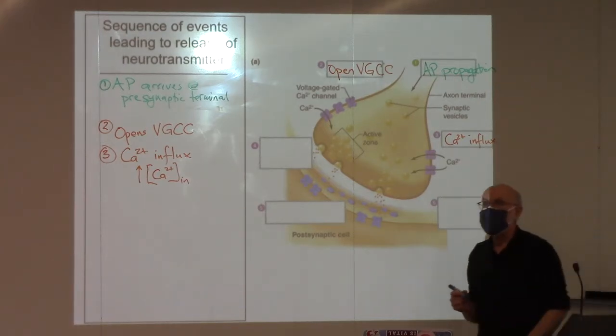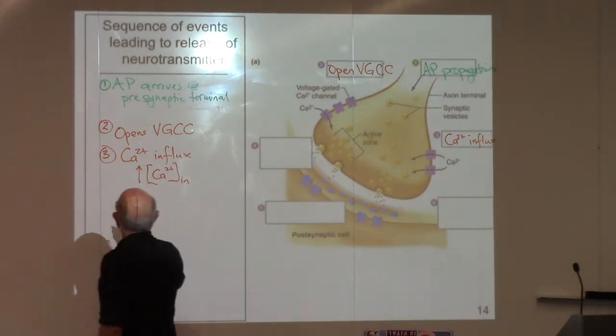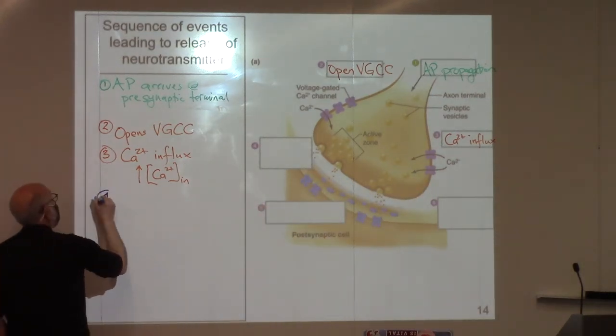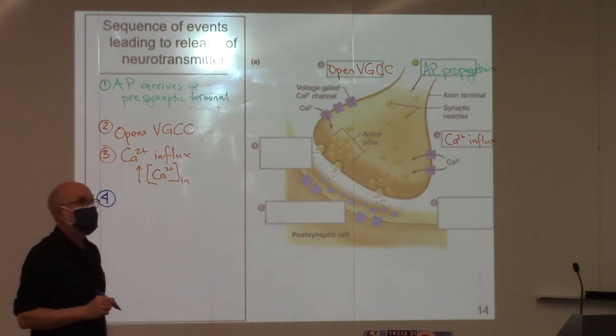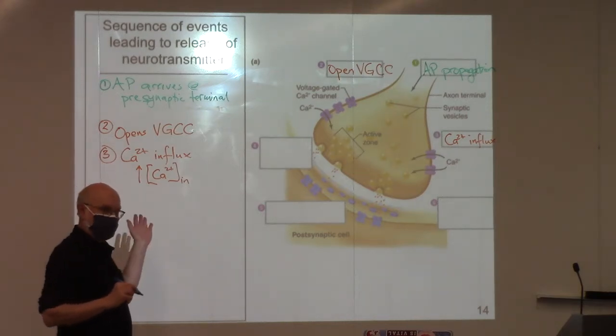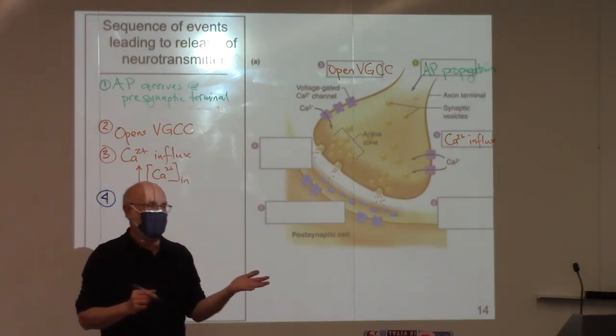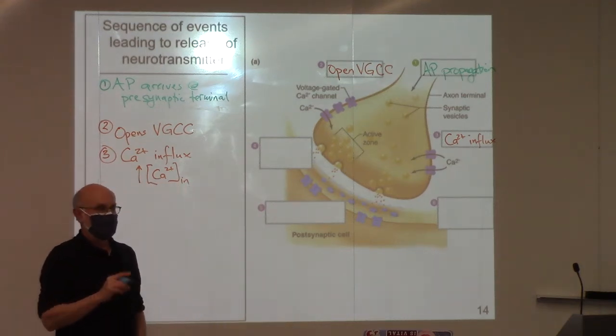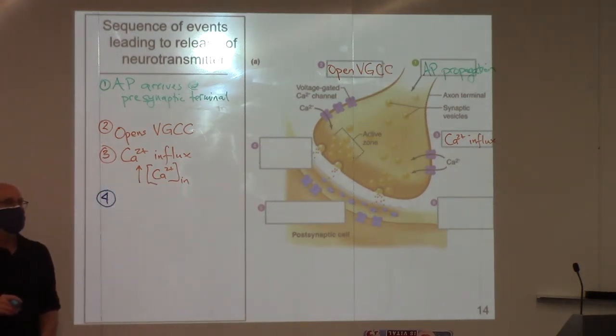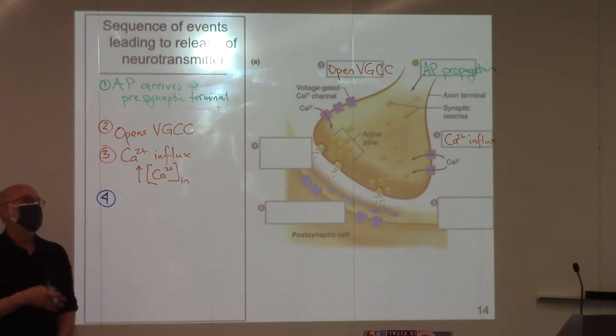I'm going to reinforce that knowledge. If this were a muscle, calcium would bind to troponin. But this is not a muscle, this is a nerve. That is the calcium binding protein for muscles, which we haven't talked about, but we will. It's a good answer, but it's the wrong answer.